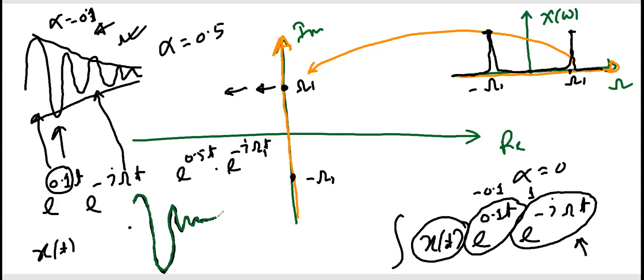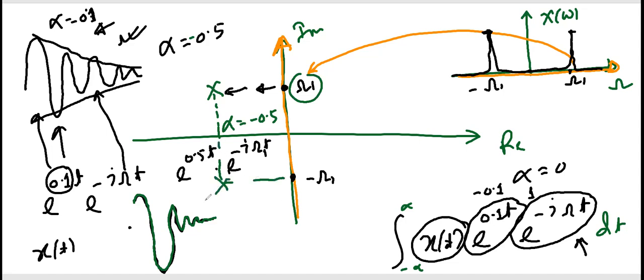In that case, what will be the integration value? The integration value will give you the maximum result, and that is called the pole location. Where is that pole location? At alpha equal to minus 0.5. And as we have already found, at omega 1 you are getting the maximum value. And similarly, at the negative locations, you are getting this.